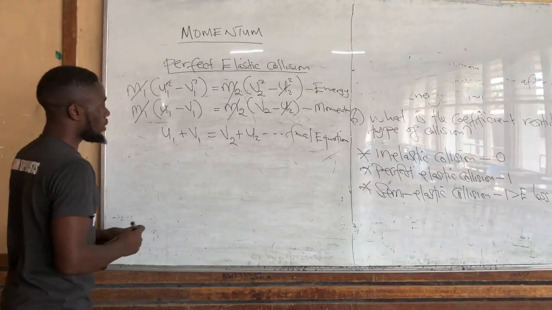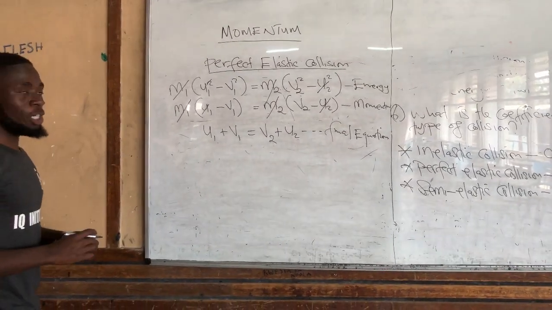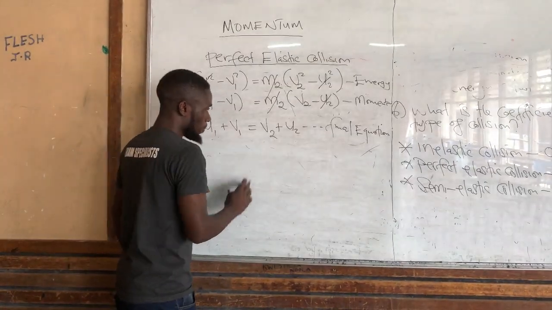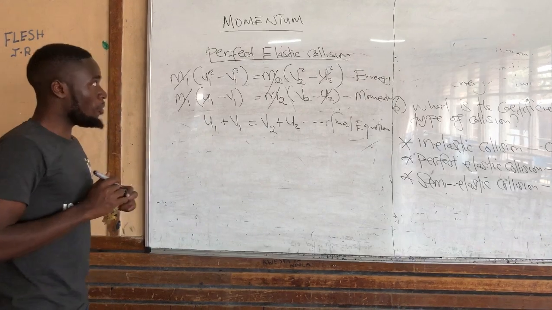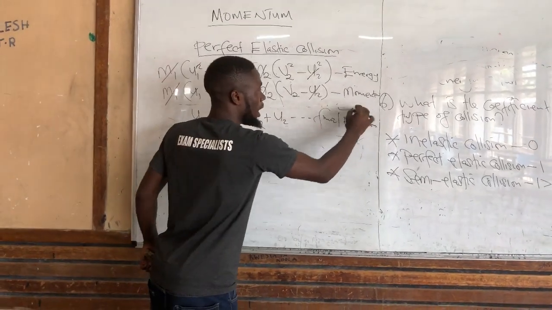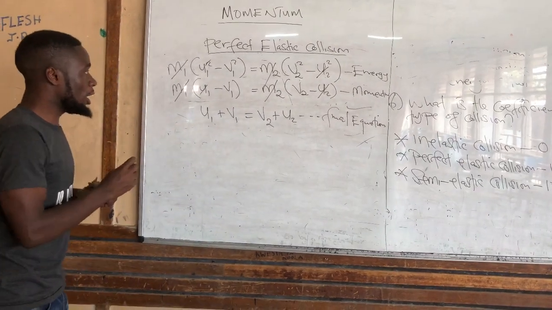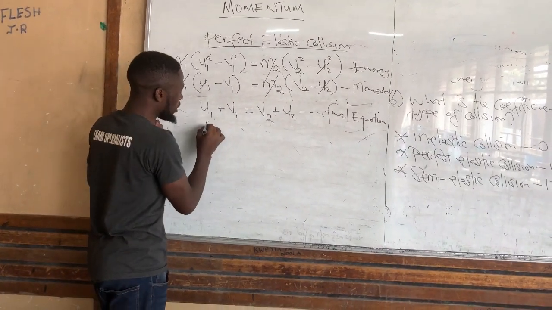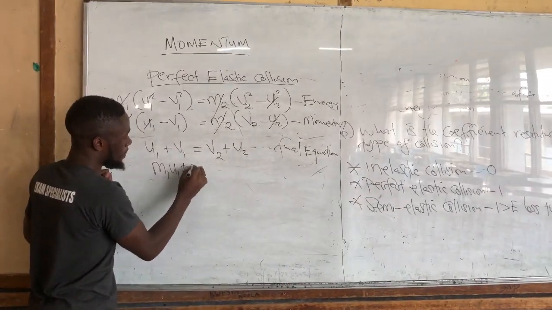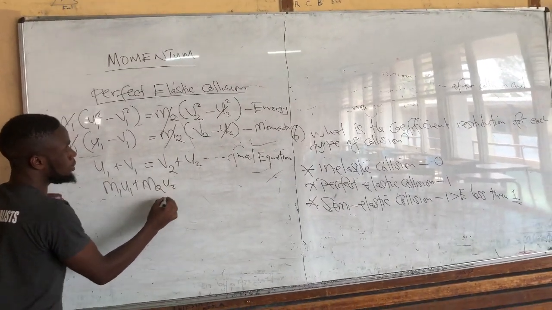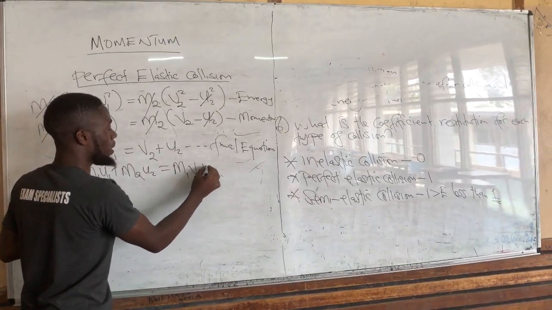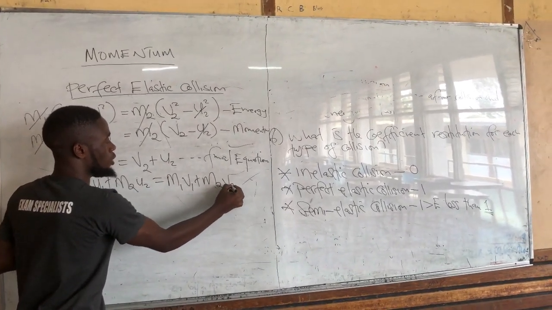On this type of collision, you need this equation as the first equation, and the second equation you need is the equation for momentum itself, which is M1 U1 plus M2 U2 equals M1 V1 plus M2 V2.